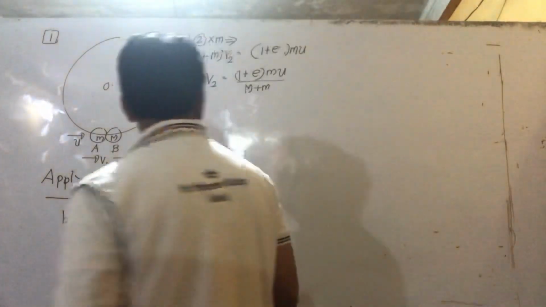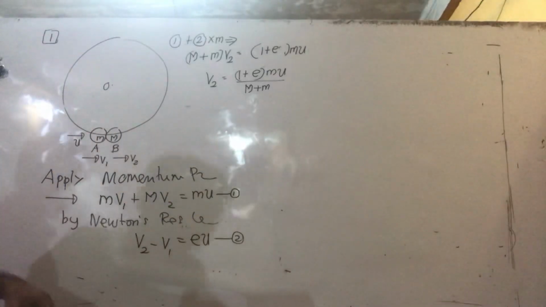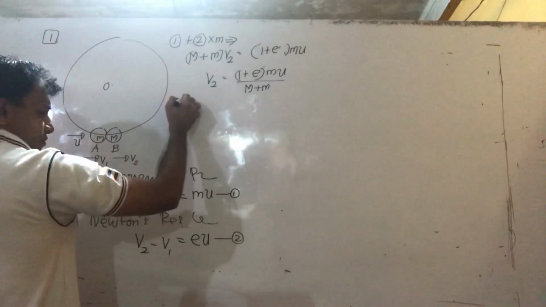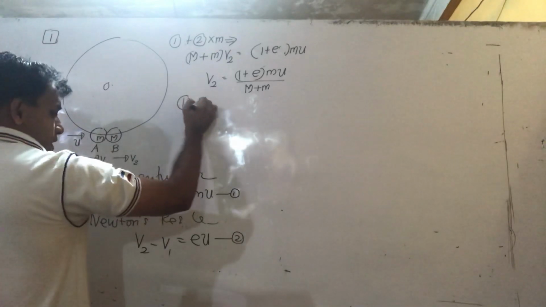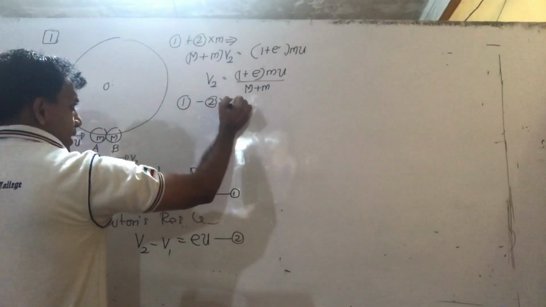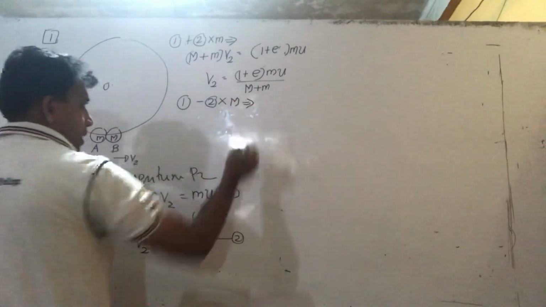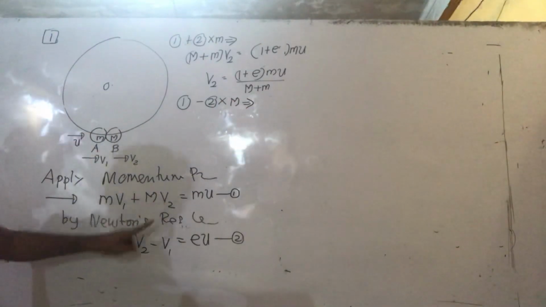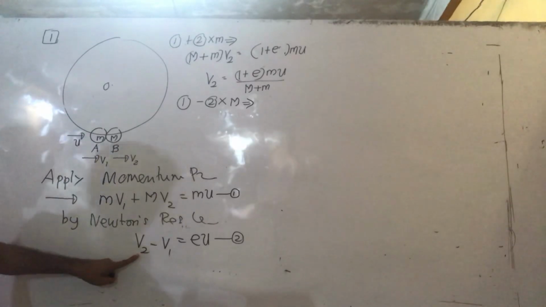Now how do we find v1? Remove v2, by the same method or by substitution. Take the first equation and subtract the second equation multiplied by capital M. So here M v2 minus M v2 cancels.